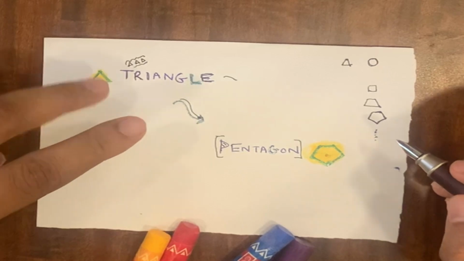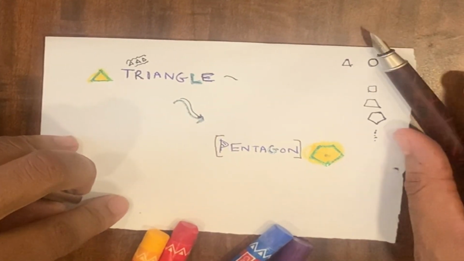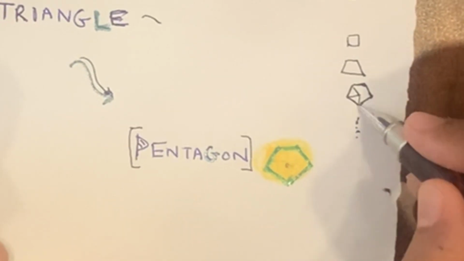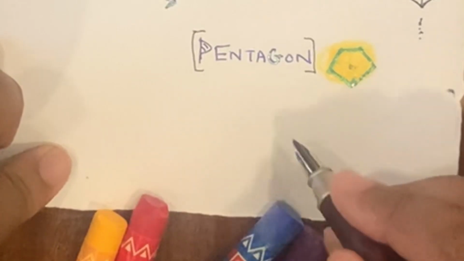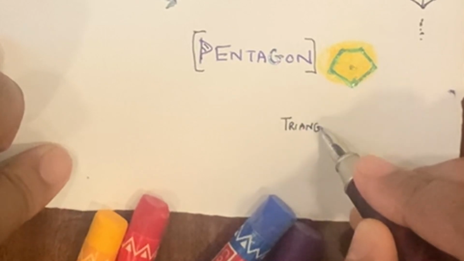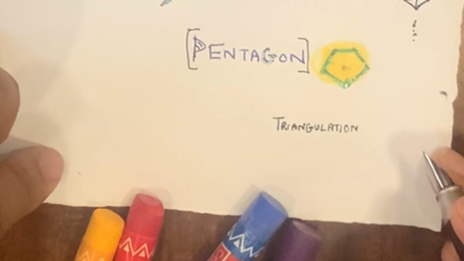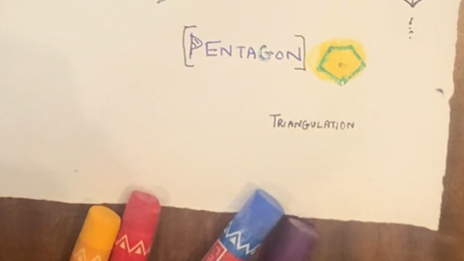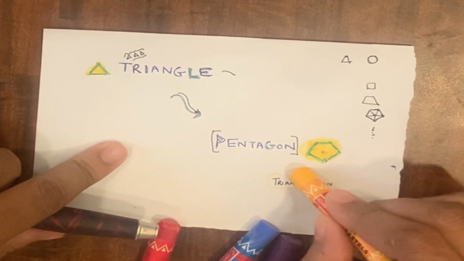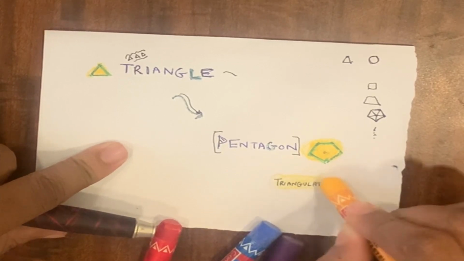Why is that? Well, one reason is that when you have a pentagon, you can actually split it into a bunch of triangles. This process is sometimes known as triangulation. So in a way, if you know triangle geometry, then you automatically know pentagon geometry using this method of triangulation.